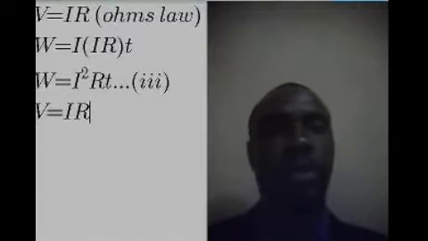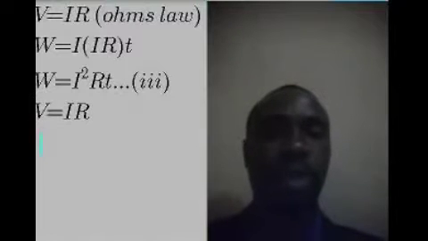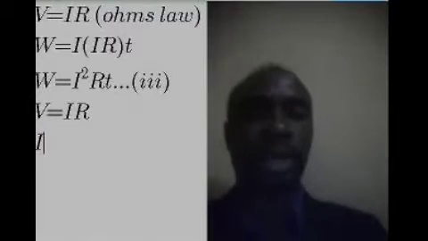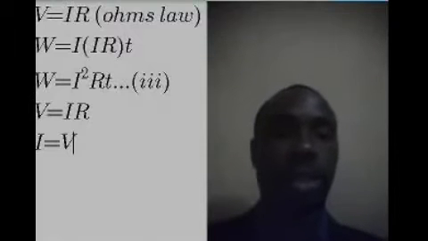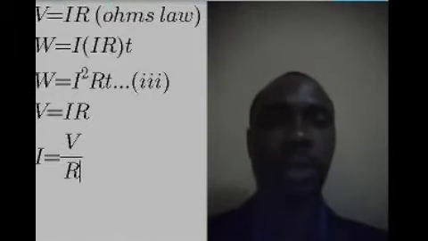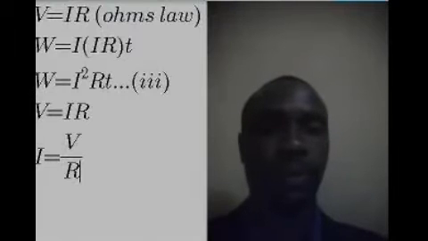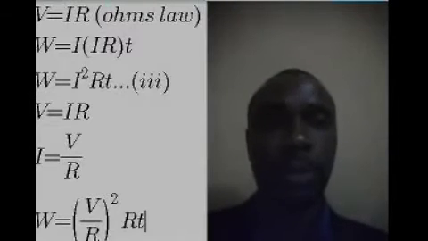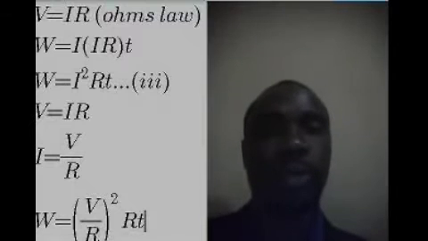If we make I the subject of the formula, we get I = V over R. Substituting that into the equation, our new equation is W = (V over R) all squared times RT.